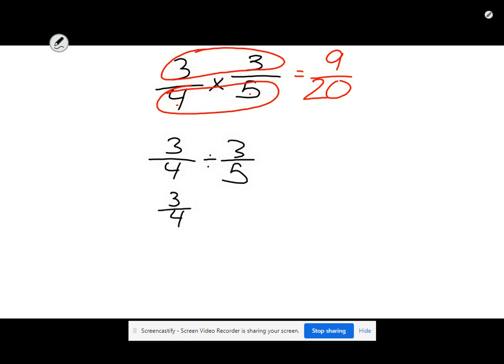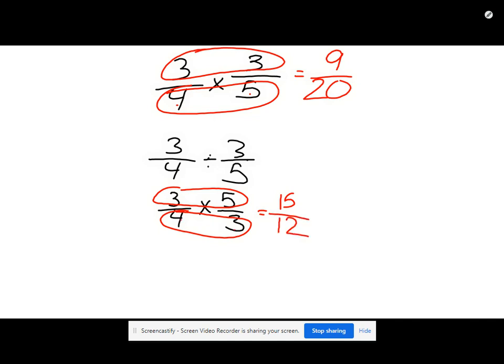So if I'm going to flip my dividing to multiplying, I need to flip my second fraction to its reciprocal. And then I can multiply going across. 3 times 5 is 15. 4 times 3 is 12. Am I done?